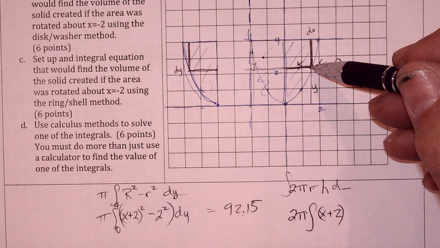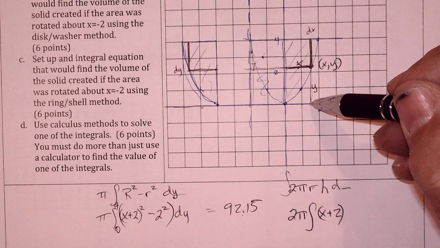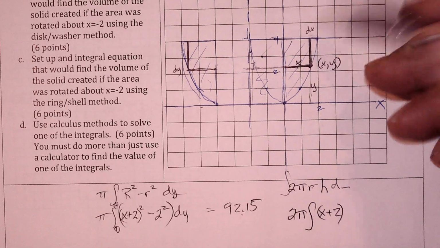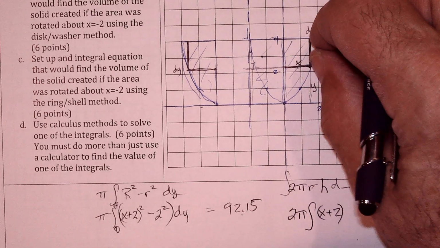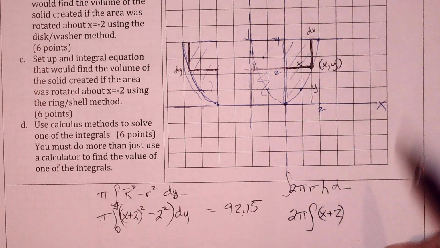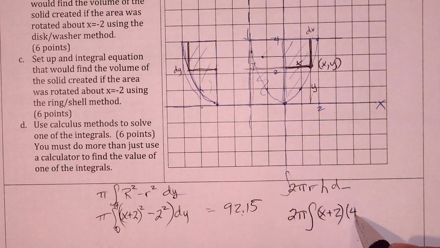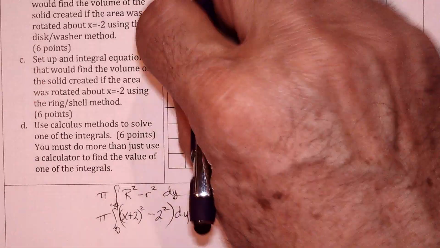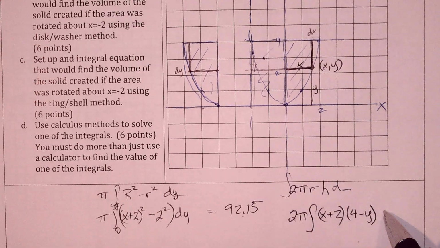Y is from the point to the x-axis. This height is 4. So that length there is 4 minus y.